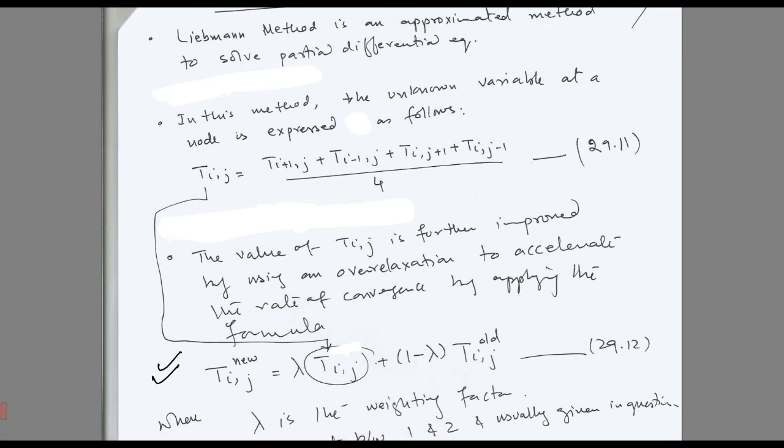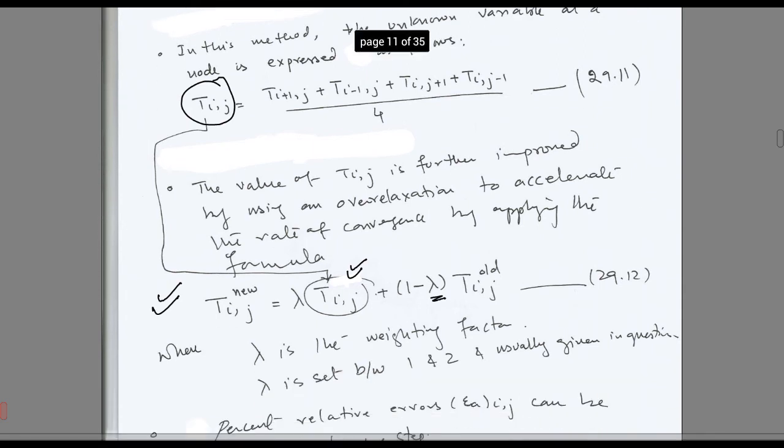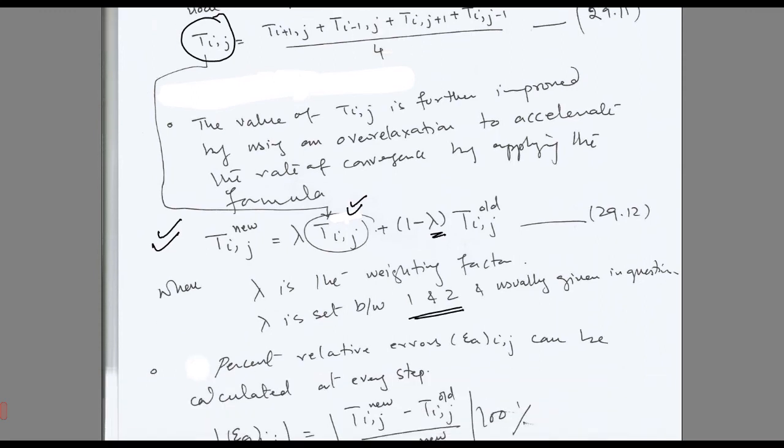By using this, T i j can be evaluated, and after we have this, we will put it in the other equation 29.12 with the relaxation operator lambda, which is here as a weighting factor, and its value should be between 1 and 2, so that we can calculate the updated value of T i j, the temperature.